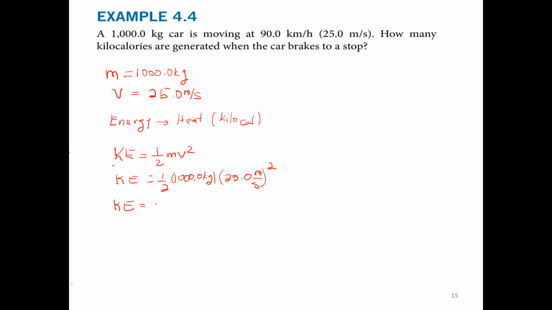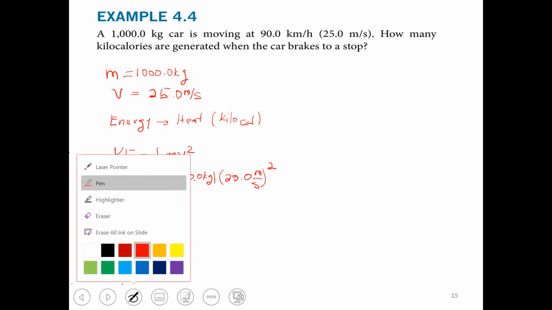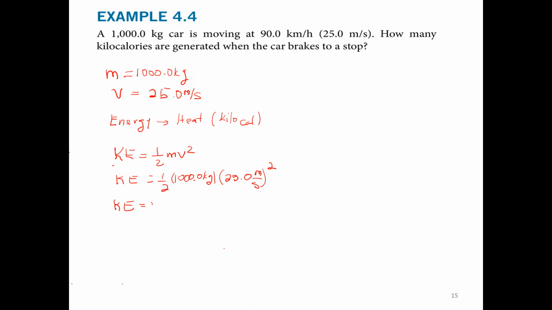Then 1,000 divided by 2, we can simplify, is 500.0 kilograms. And we solve this one: 25 to the second power is 625 meters squared per second squared.